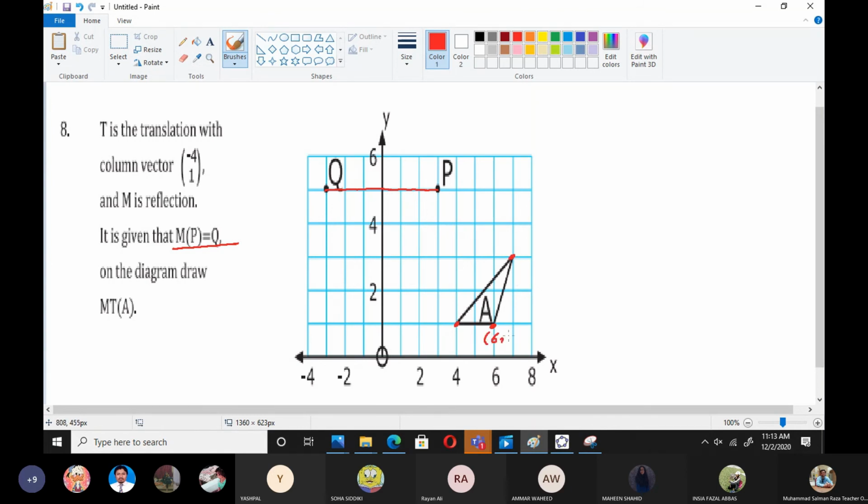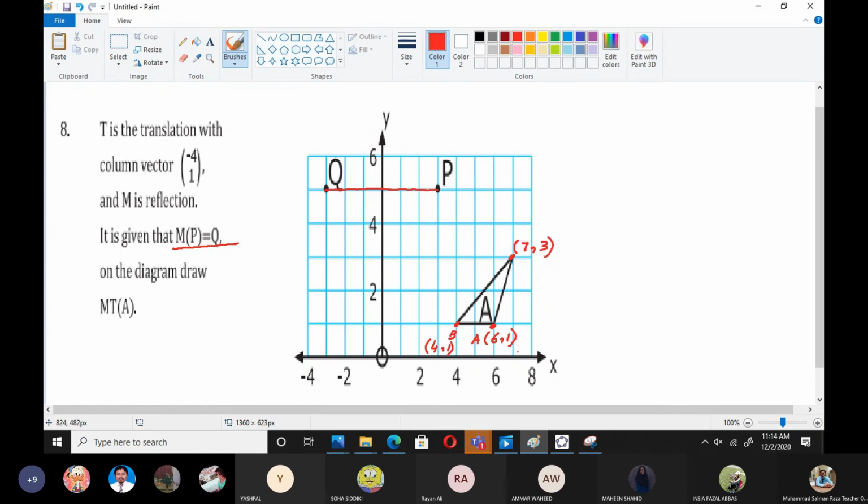I'm going to write 6, comma 1 over here by naming it as A. If I consider this part as B, then the coordinates are going to become 4, comma 1. And over here, that is going to become 7, comma 3, not 7, comma 4. It is going to be 7, comma 3. So this is it, guys. 7, comma 3 is here.